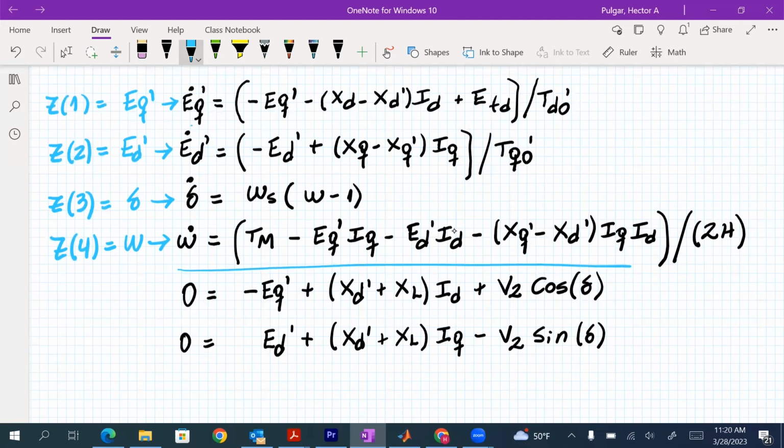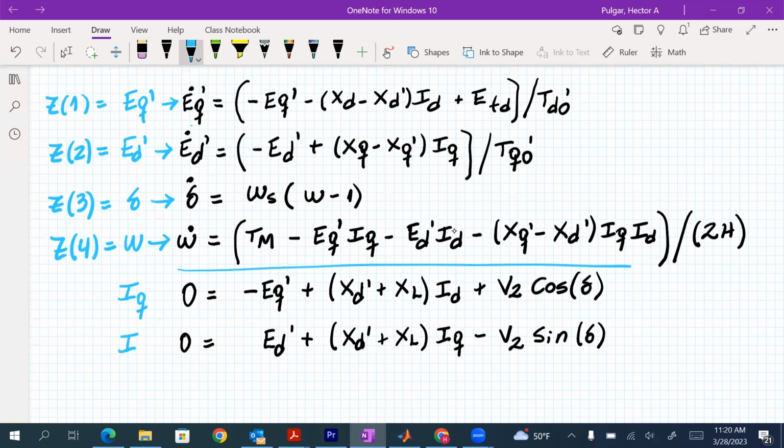Then we have the set of algebraic equations. And at this part, it doesn't matter the order of the variables that we associate to each of these equations. But when we pick an order, we need to stick with that order. So in the classroom, I arbitrarily picked that for this fifth equation, we're going to associate the variable IQ.